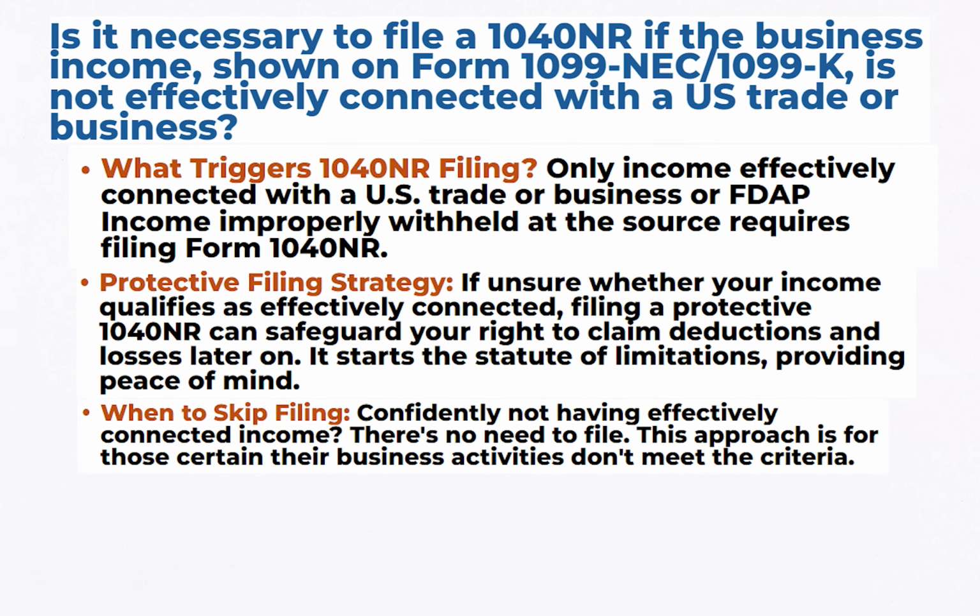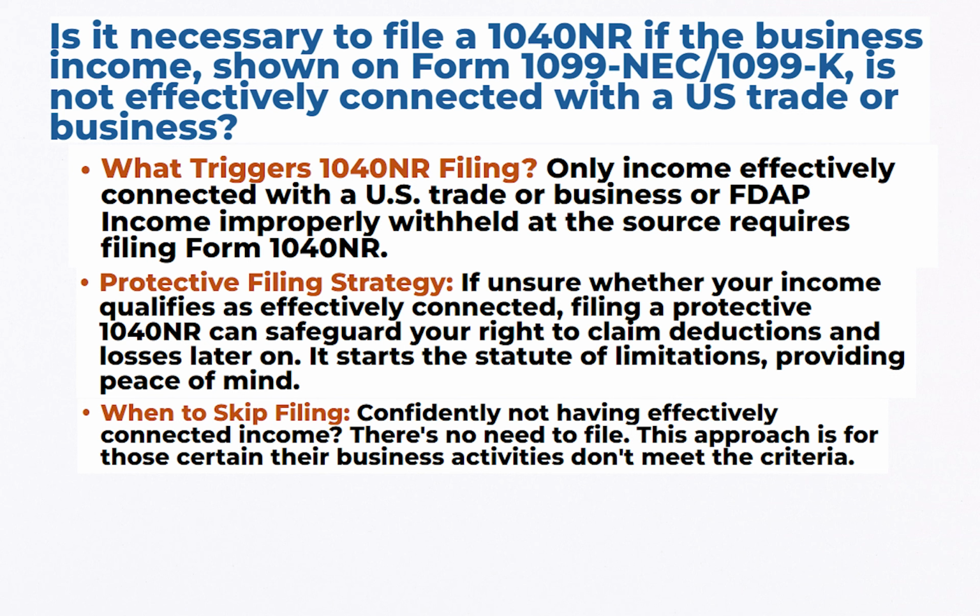So we've talked about cases where you're not sure whether your income is effectively connected, to the extent that you have to file a protective return to protect yourself in the future. Now, there are cases where taxpayers confidently know that they don't have any effectively connected income.